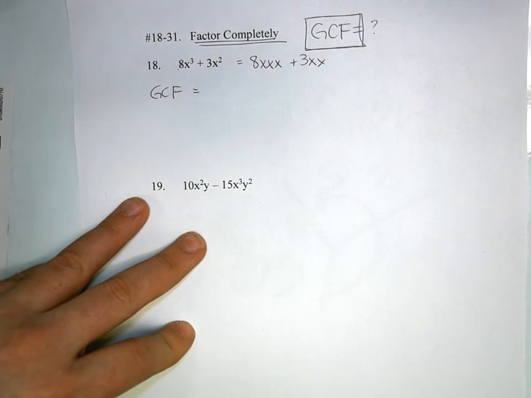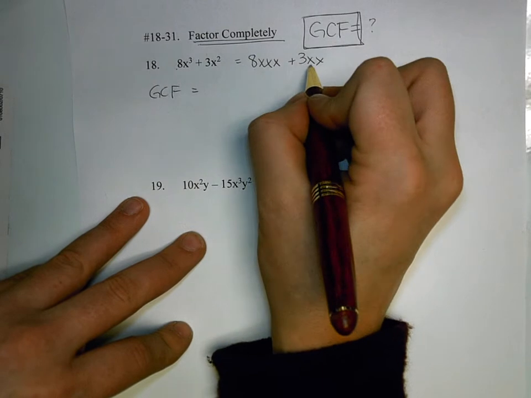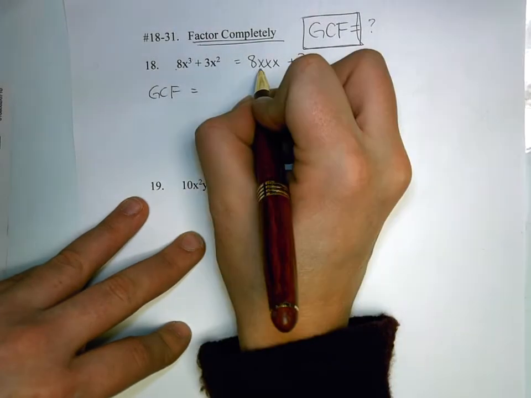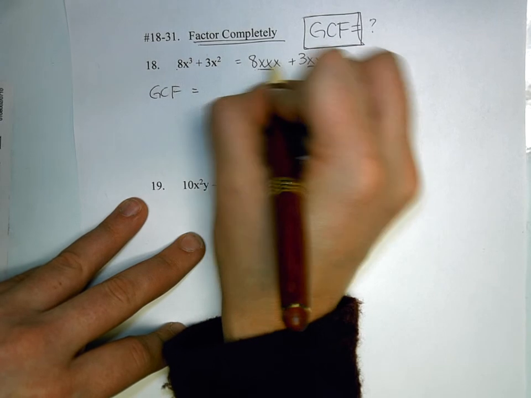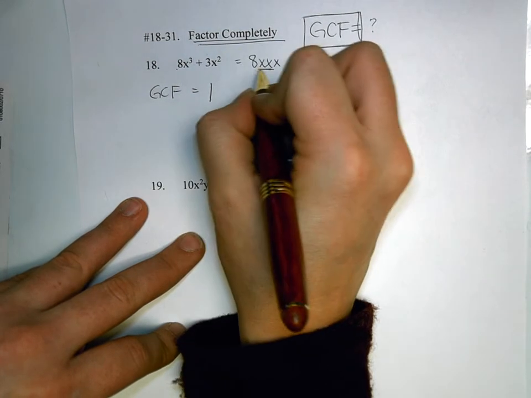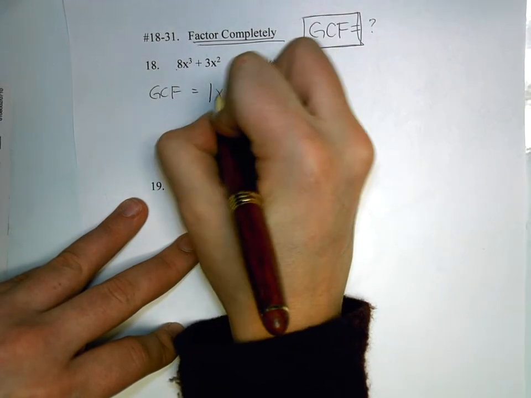Well, how many x's do they have in common? They have 2 over here and 3 over here, so they have at least 2 in common. My GCF between 8 and 3 is 1. Between x cubed and x squared is x squared.